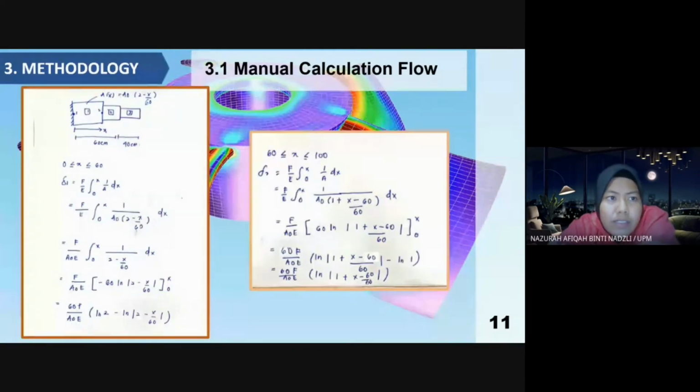So next, we calculate the axial displacement. This is the calculation to find the range of x from 0 to 60, where we calculate the formula based on the range. As you can see, the second range is 60 to 100. So for the displacement, we solve it and integrate as usual to get the displacement.